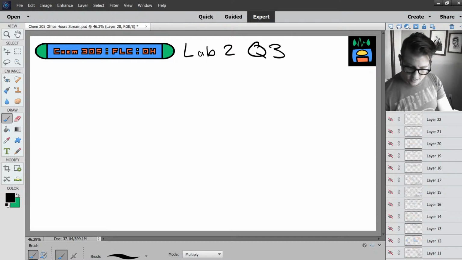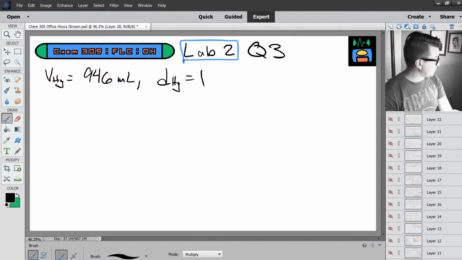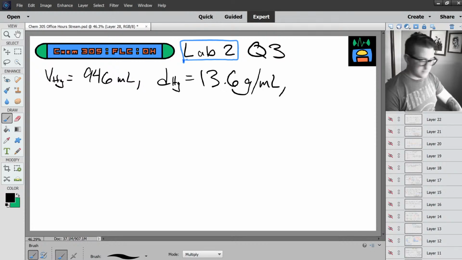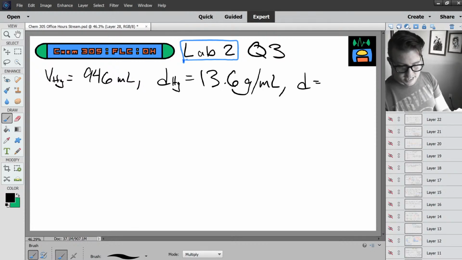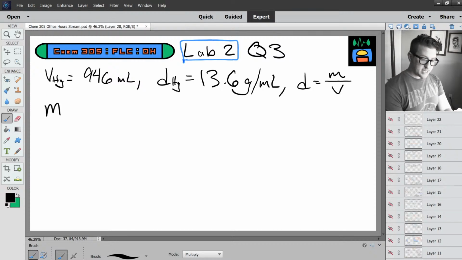All right, so we're given that the volume of mercury is 946 mL, and the density of mercury, we're told, is 13.6 grams per mL. And we also know that density is mass over volume. So our mass is going to be equal to our density times our volume.